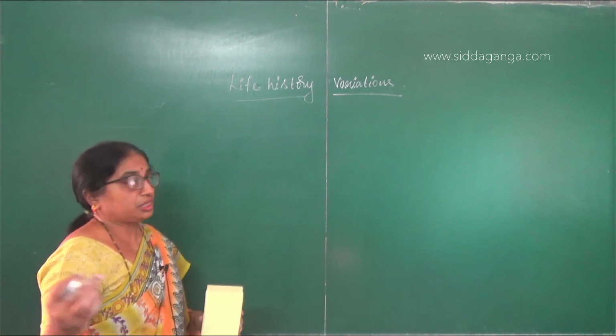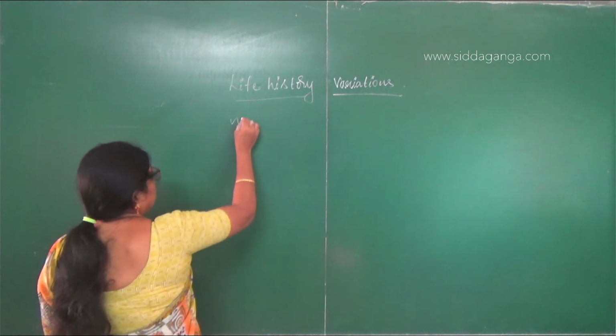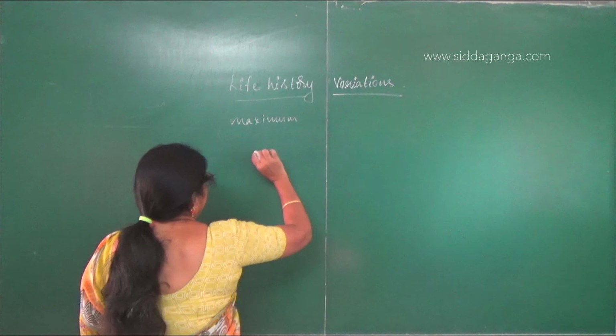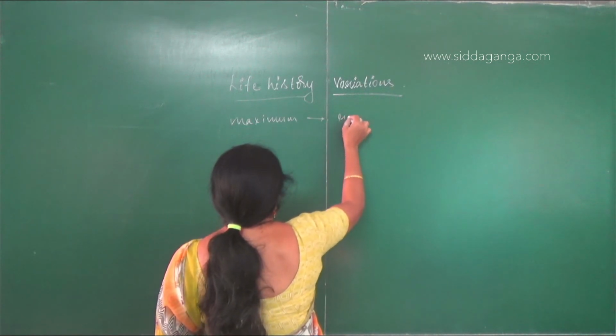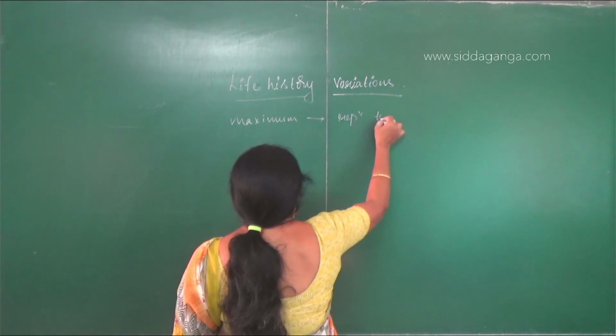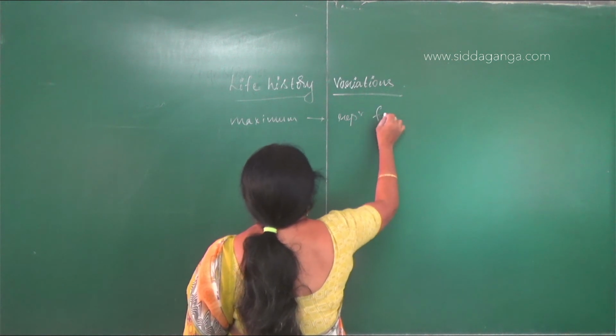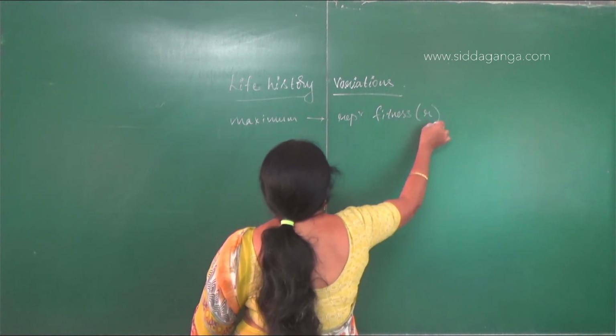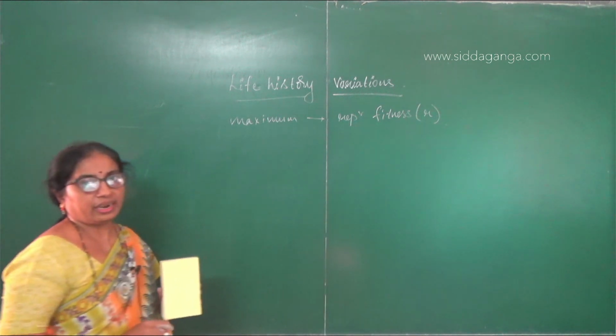See, populations evolve maximum to their reproductive fitness, which is nothing but the R value.